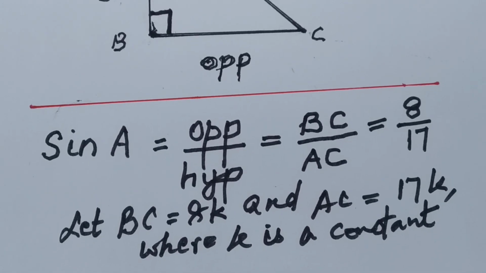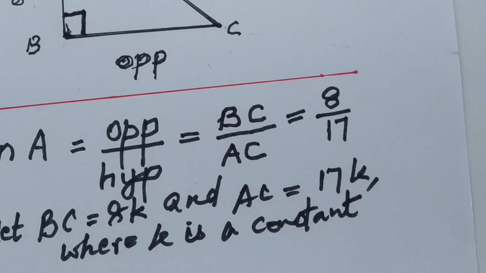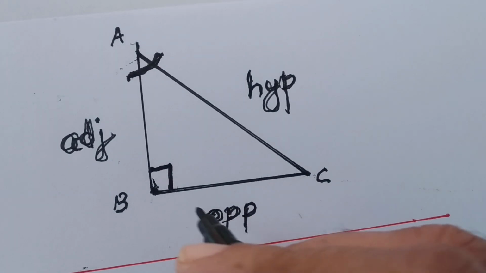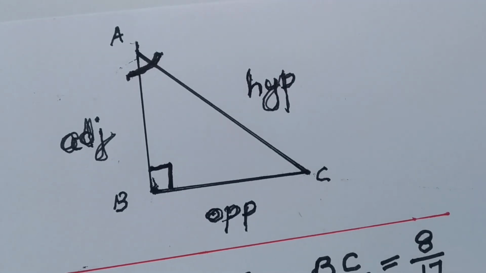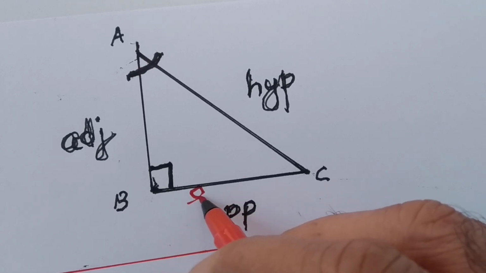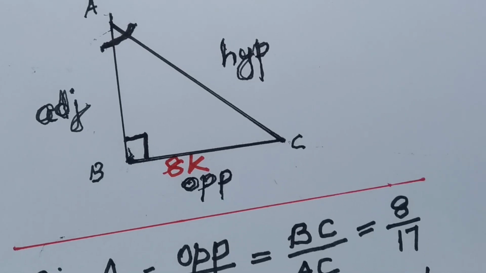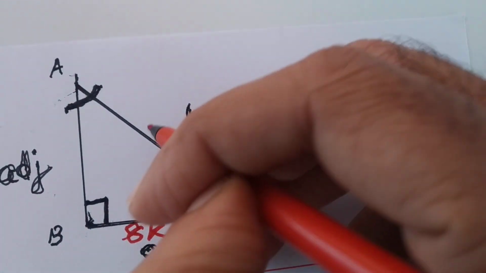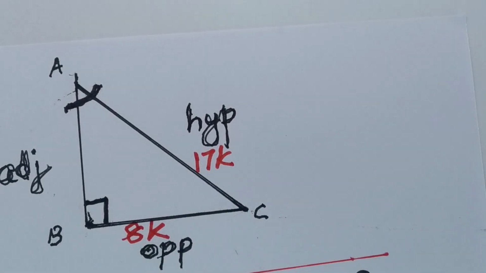So here, I'm going to write BC as 8K and AC as 17K.